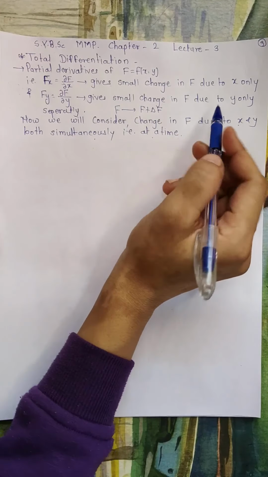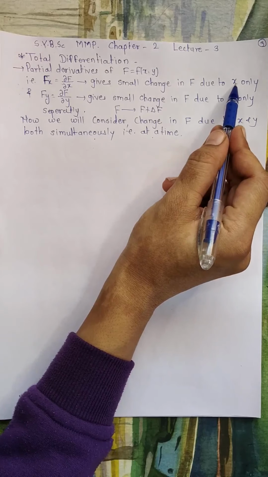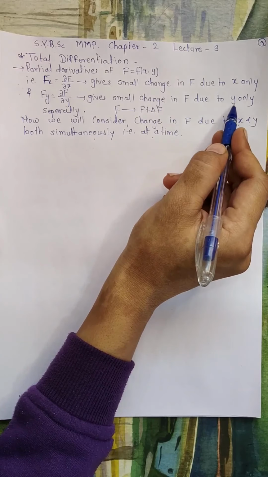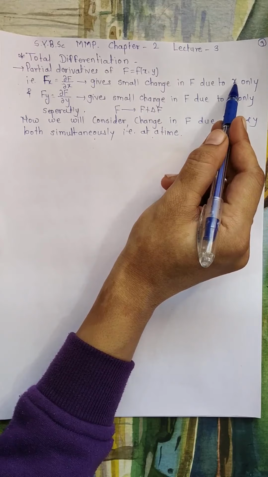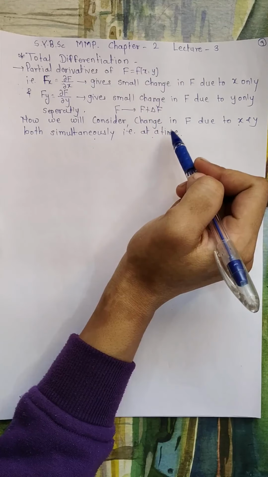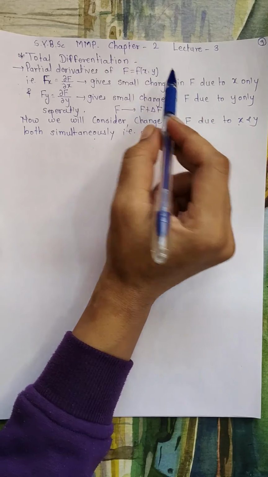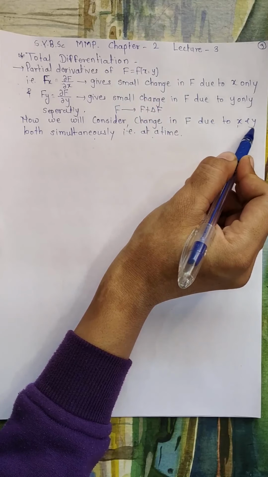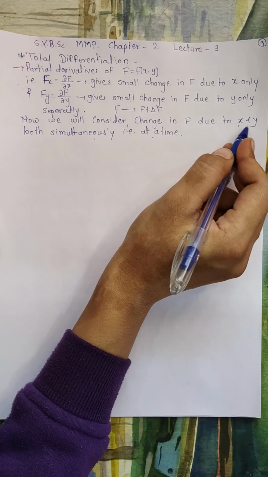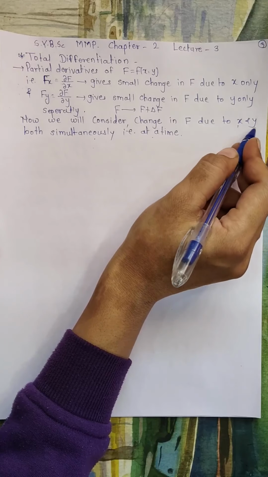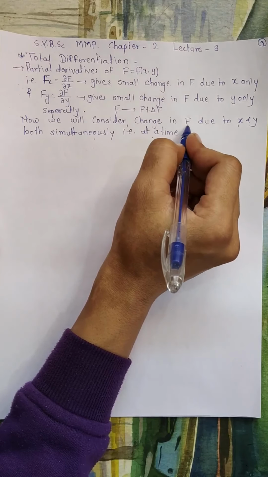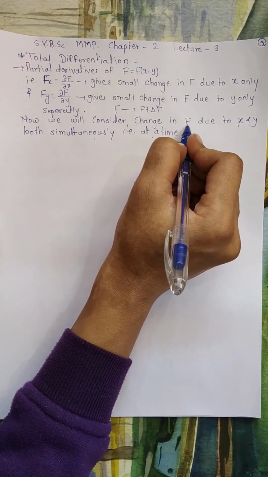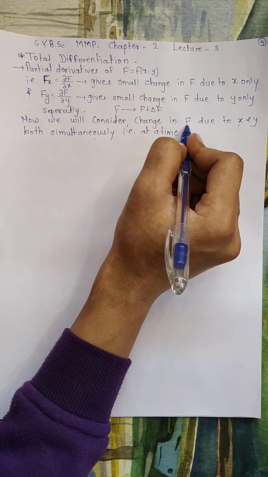Here separately x is changing where y is constant, and there y is changing where x is constant, right? But total differentiation means we take change in x and change in y at the same time, and due to this change there is a change in f from f to f plus delta f.